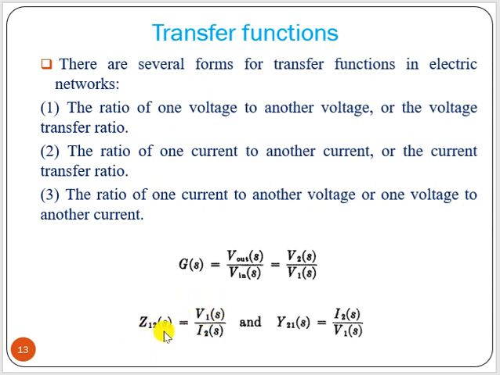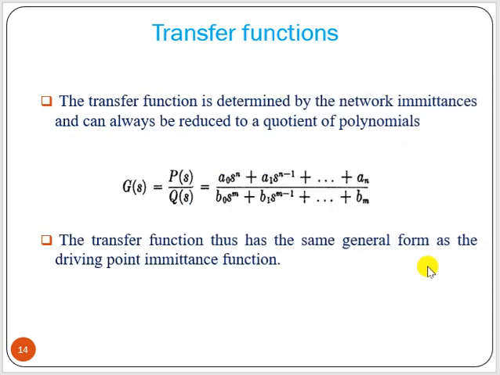So this is transfer impedance V1 by I2. Similarly we can find I2(s) by V1(s), which will be called transfer admittance Y21. And V2 by V1 will be known as the voltage gain. So why is this called transfer? Because one is at port 2 and the other is at port 1.